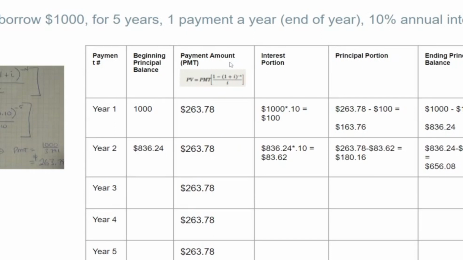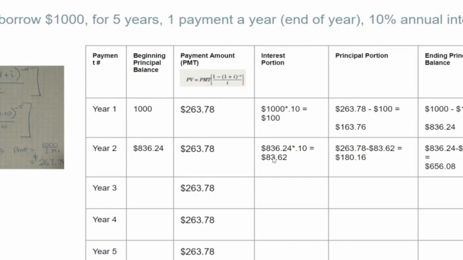The payment amount is the same every month. Could be different on the last month, but generally it's the same every month. So we just transcribe down $263.78, which is the amount of payment. We know that the interest portion, well, the loan that we borrowed, in year two, was $836.24 still outstanding. That was going to incur 10% interest, so $83.62 is the interest.